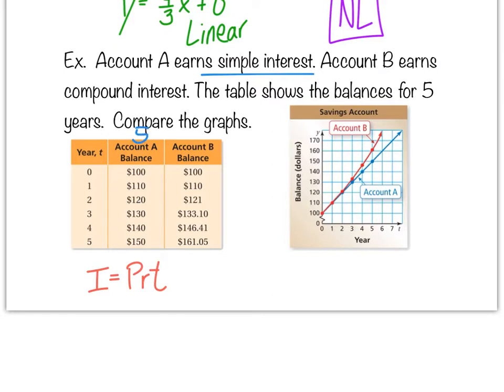And then account B is compound, so I'll put C there. You can see in the graph the compound interest is starting to curve up like that, so it's nonlinear because it has a variable rate of change, whereas the simple interest continues to earn the same amount of money every single year and add that on. So simple interest is definitely linear, where compound interest is not.